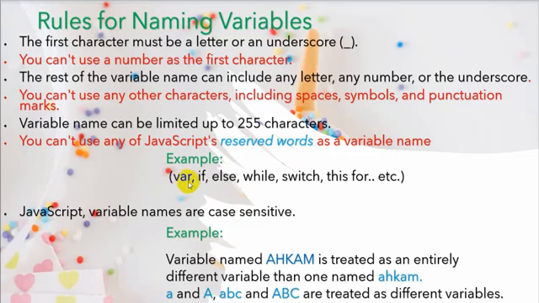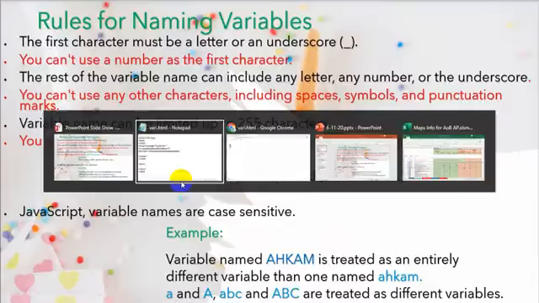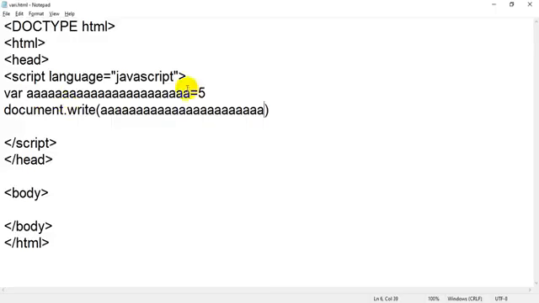So if you use var as a variable name, you will not get your output. I just want to show you live. For example, you have declared var var = 5. Var is a keyword to declare a variable, and the name of the variable is var. Now print it.